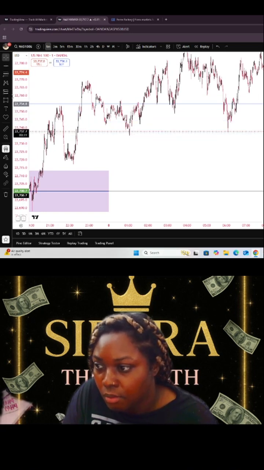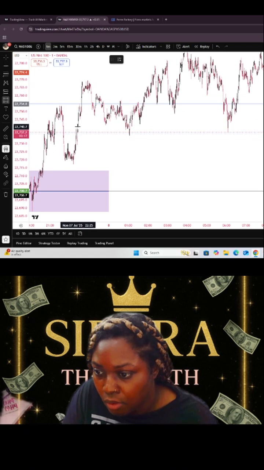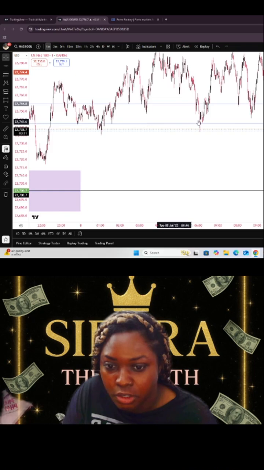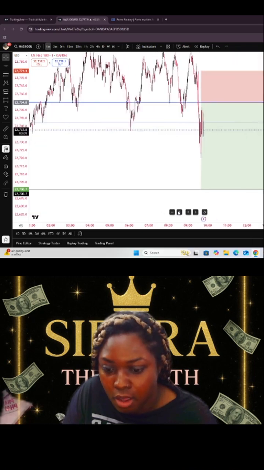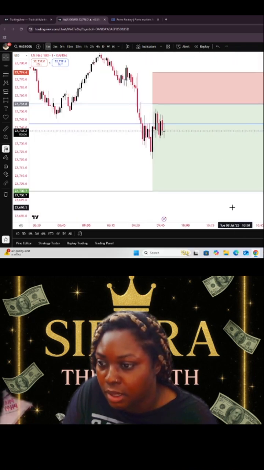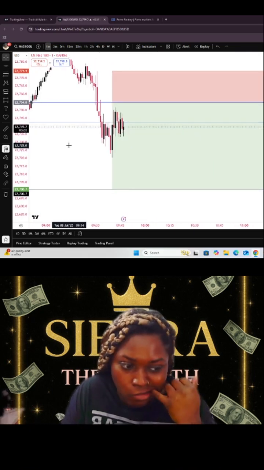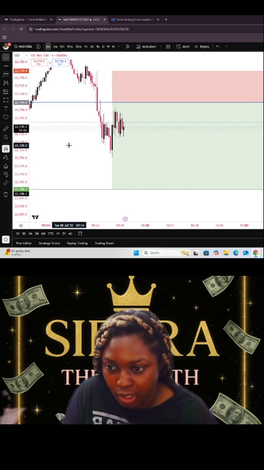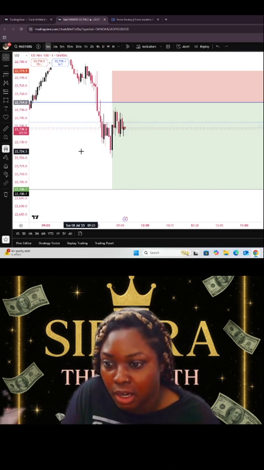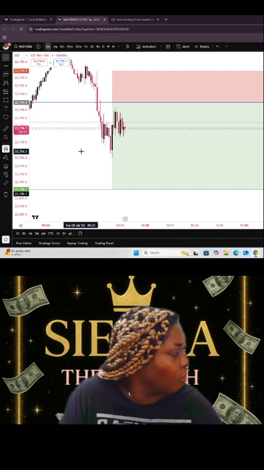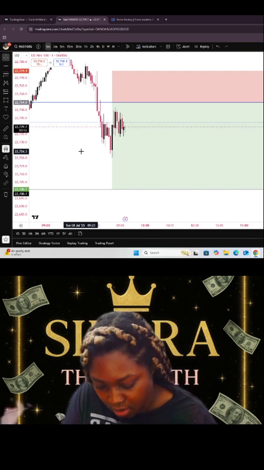See that rejection, rejection, rejection. So it looks like we may not get a pullback to that area, which is what's causing this rejection here. But let's wait because we don't have any price action signals to enter off of at the moment.